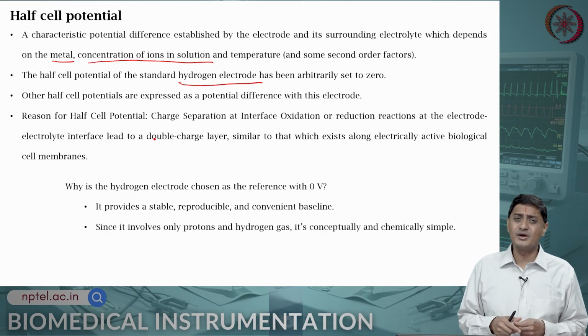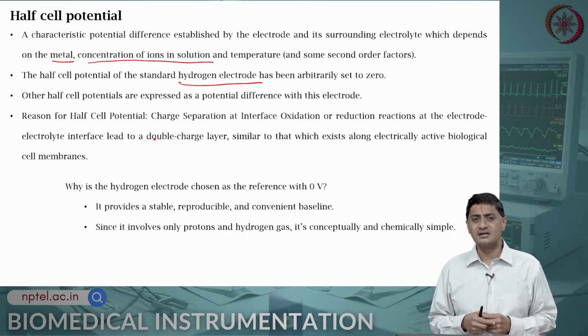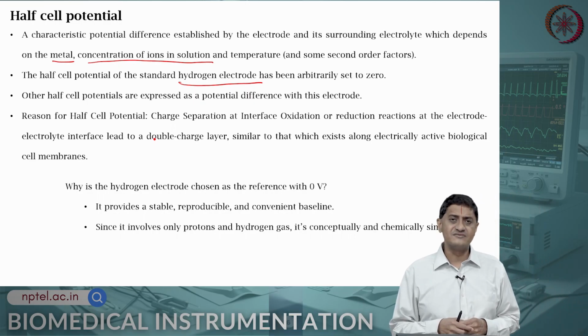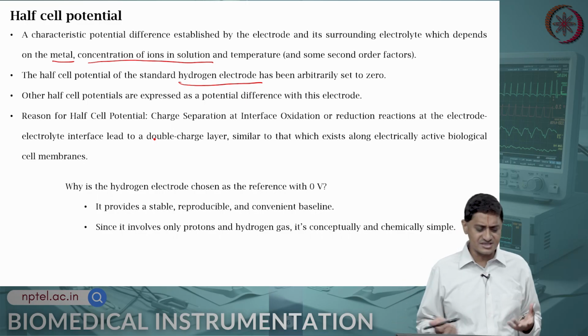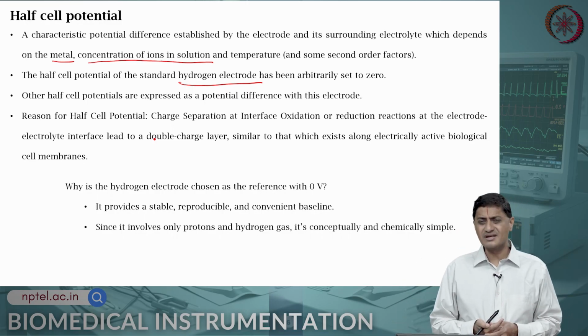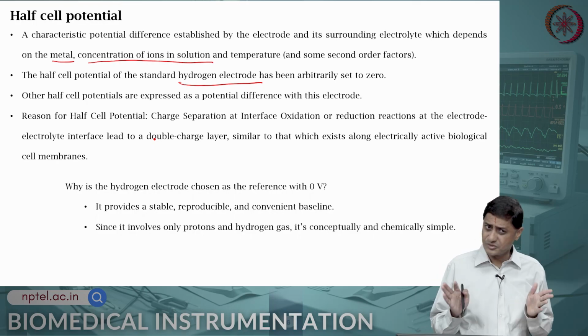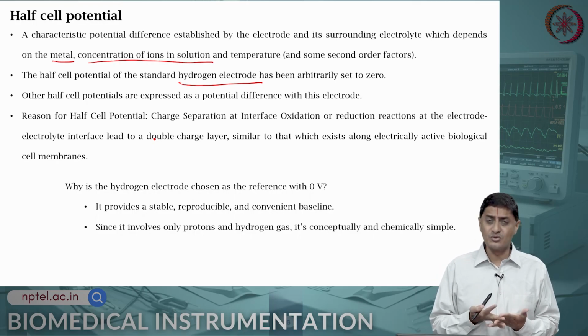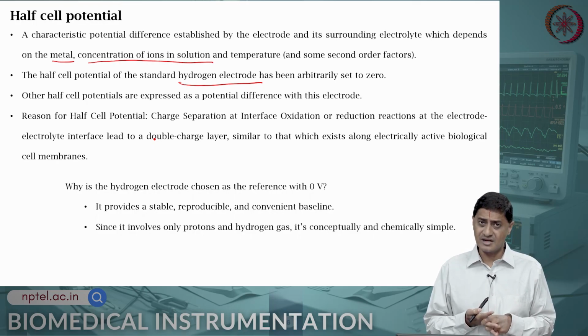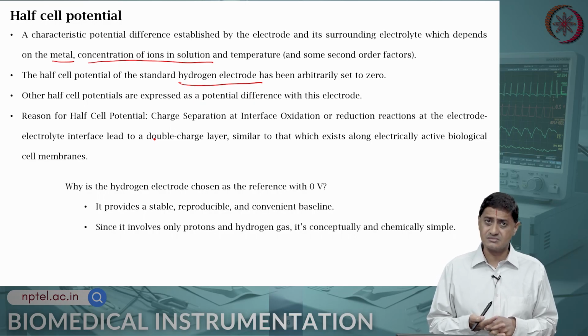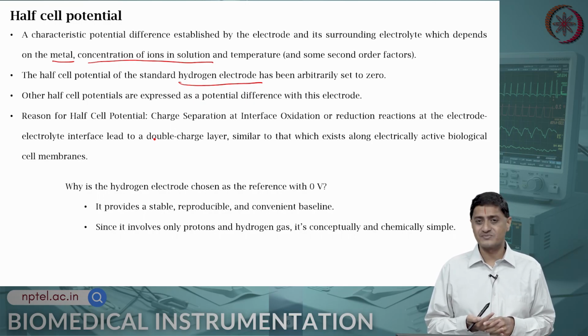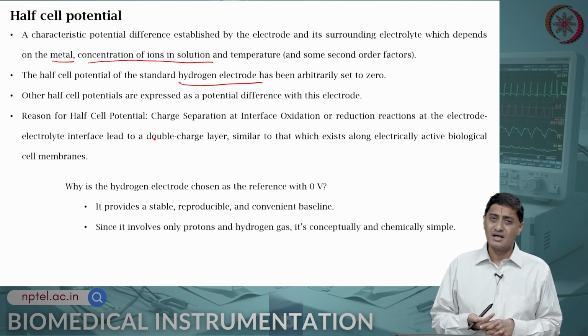Now, the question is, why do you assume that the hydrogen electrode has 0 volts of half cell potential? Because it is a stable, reproducible and convenient baseline, also an assumption. And since the hydrogen ionic electrode, H plus, essentially involves only protons and hydrogen gas, it is relatively simple to replicate.